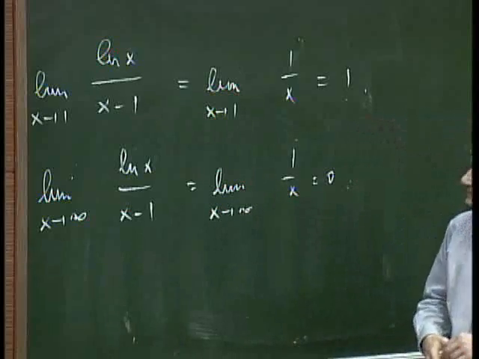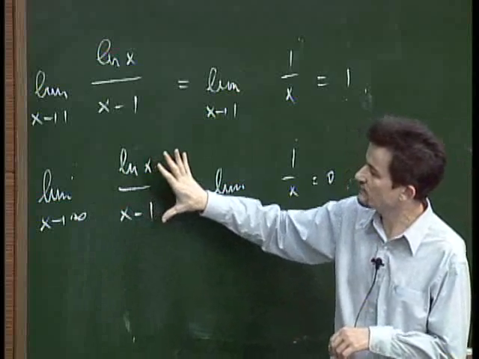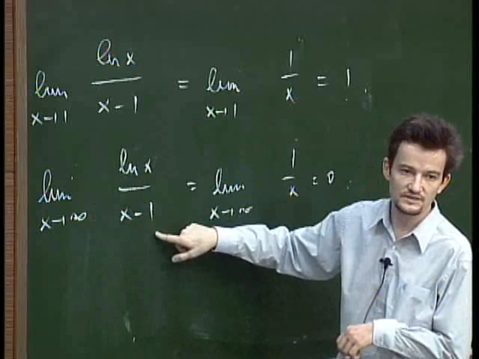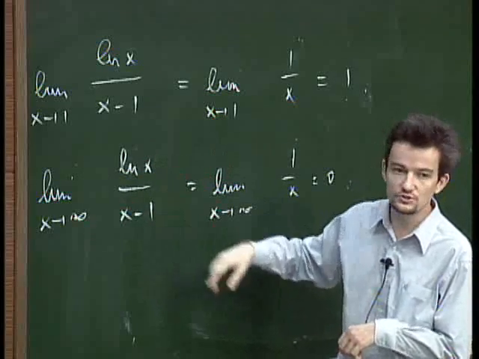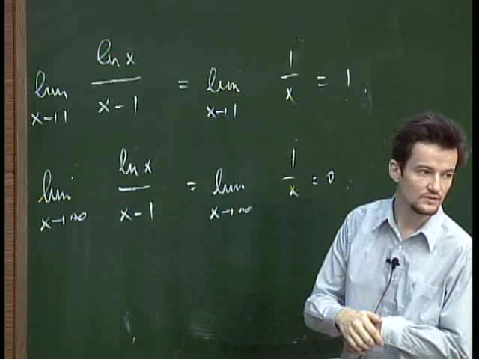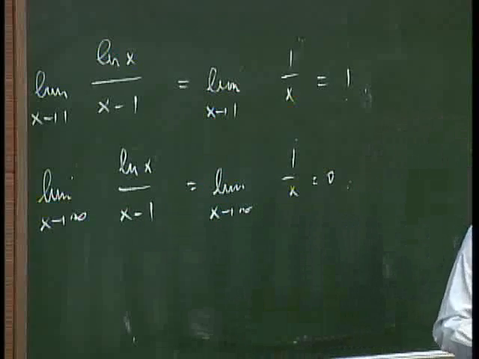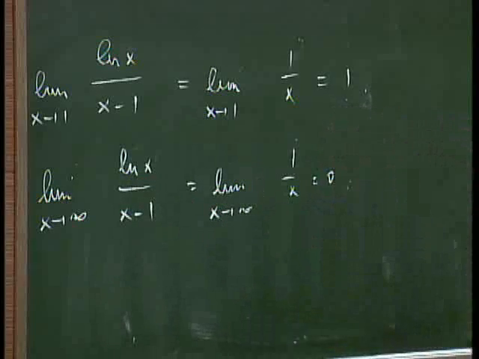Since you have the indeterminate form infinity over infinity, the behavior is determined by the function which grows faster to infinity. But we know that this function x here grows much faster to infinity than ln of x. So it's expected that the limit is equal to 0.